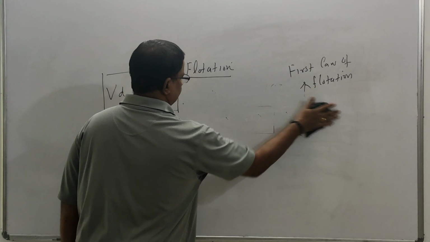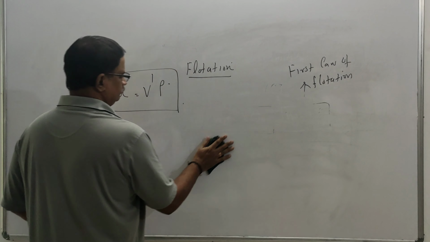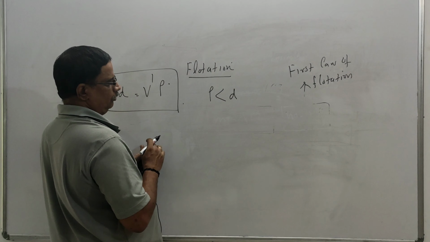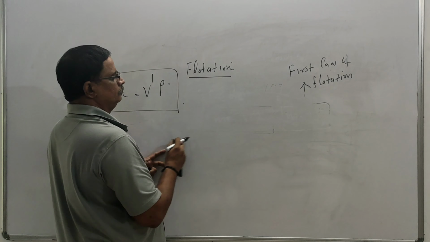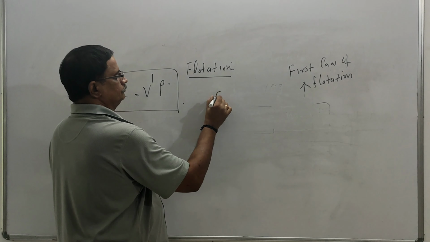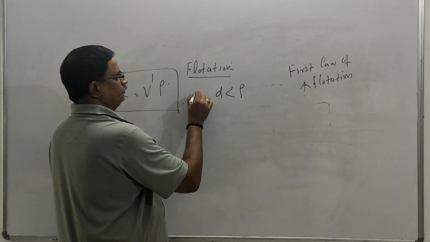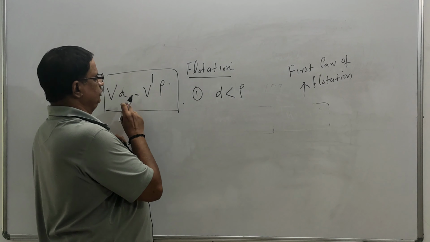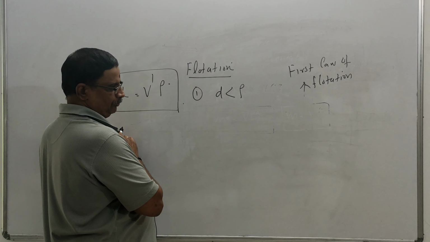Number one, D less than rho: the density of the body is less than the density of the liquid. That is our first case.